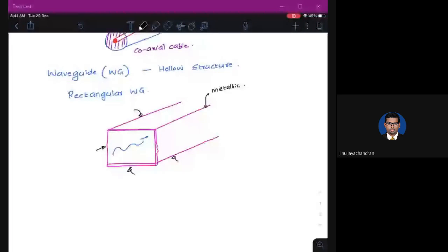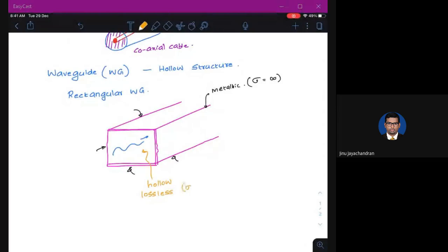It has high conductivity, which means the conductivity is approximately infinity. Okay. And inside the waveguide, which is hollow, this portion, we assume it is lossless, meaning conductivity is zero.